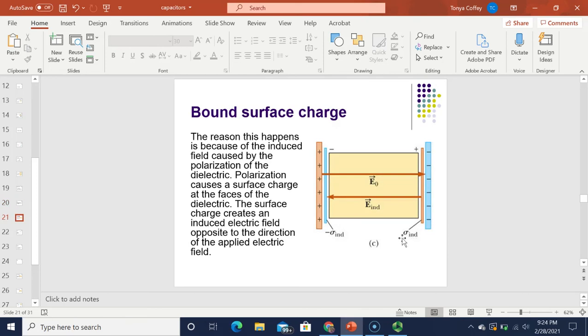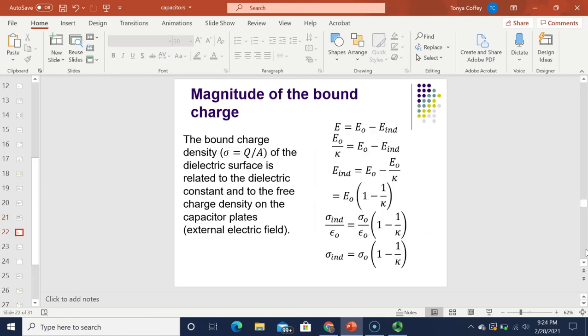Now, the reason this happens is because of that induced field, okay, from our little picture here, right? The polarization of the material causes a surface charge at the faces of your dielectric. And that surface charge creates an induced electric field that's opposite to the direction of the applied electric field, and that causes the electric field magnitude to drop by a factor of the dielectric constant.